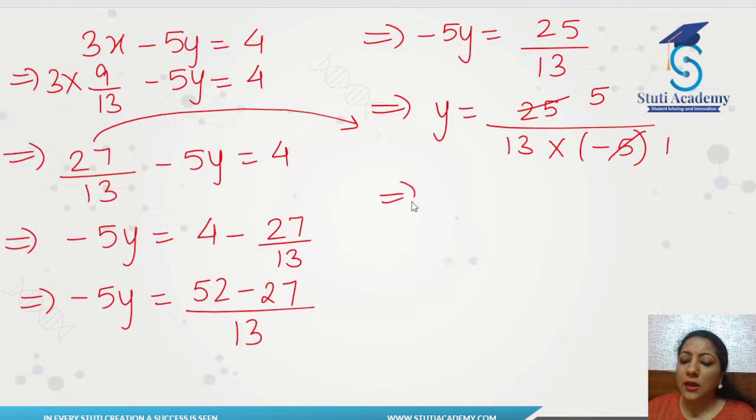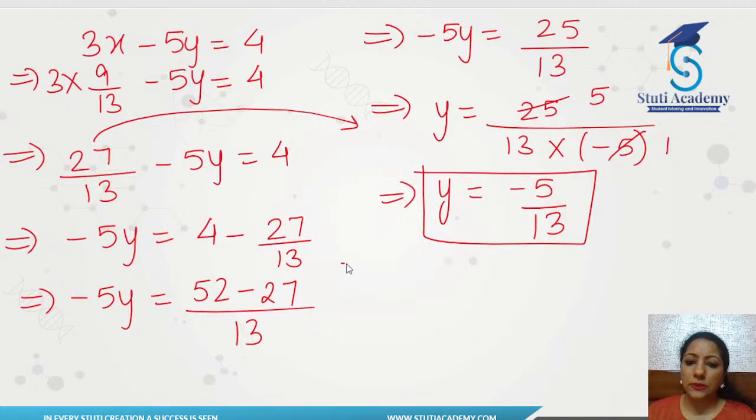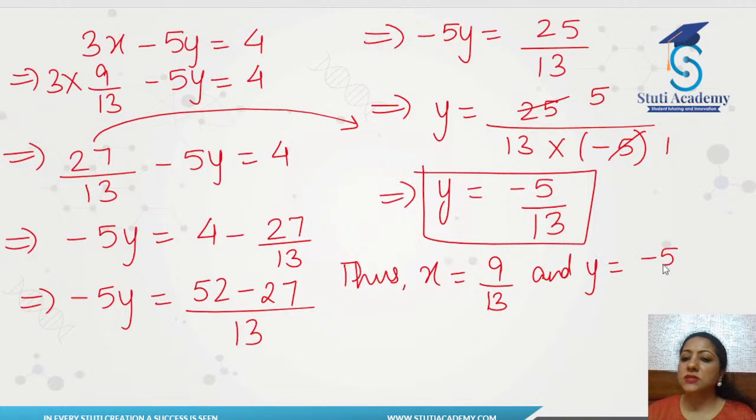This will disappear. Also, the minus in the denominator I will take to the numerator, because a minus sign we never leave in the denominator. We always take it to the numerator. So y here is minus 5 upon 13. Thus, we have x as 9 upon 13 and y as minus 5 upon 13. So this is the solution for the given set of equations. I hope students you've all understood this.